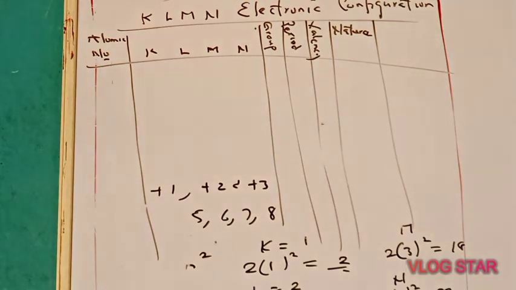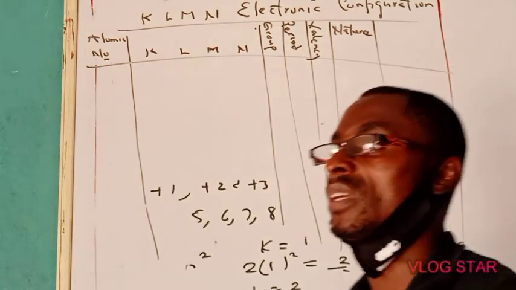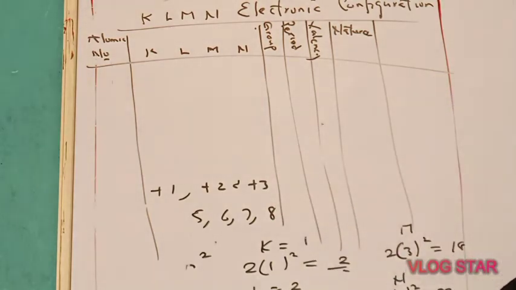The number of electrons they require to be completely filled is their valence.